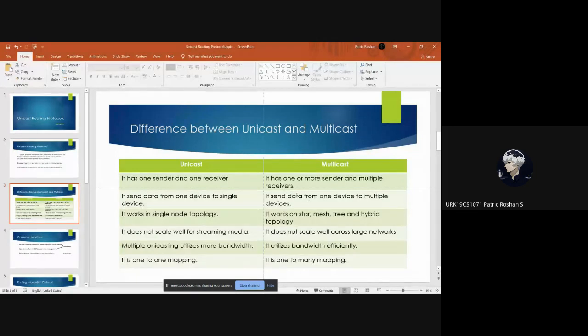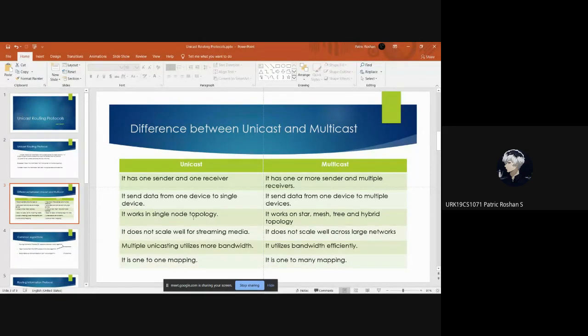Here there will be one sender and one receiver. There will be one device which sends the data to one single device. In multicast routing, there will be one device which sends the data to multiple devices. Unicast is a single node topology, and multicast works on star, mesh, tree and hybrid topologies.